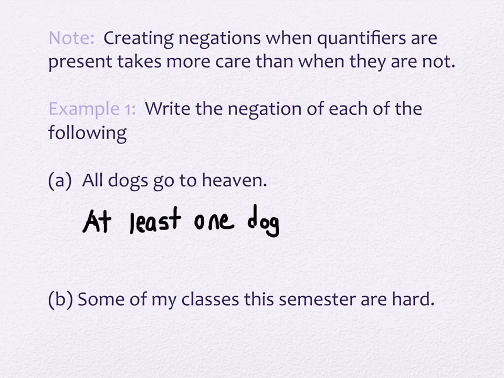Doesn't, right? At least one dog doesn't. So there is a not in there, right? We don't want to say at least one dog does, because that's not changing the statement. That's just making a weaker statement than we had, okay? This one, at least one dog doesn't go to heaven.